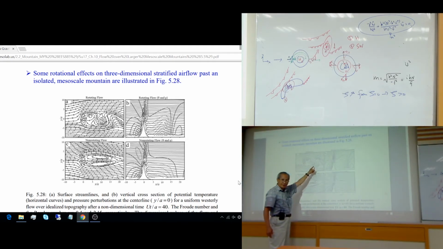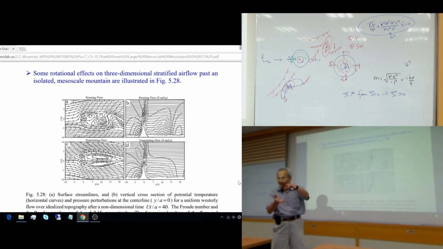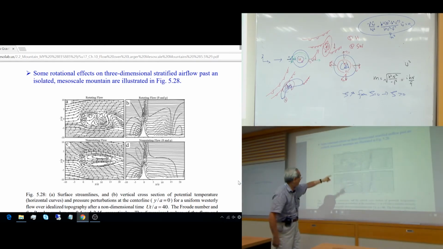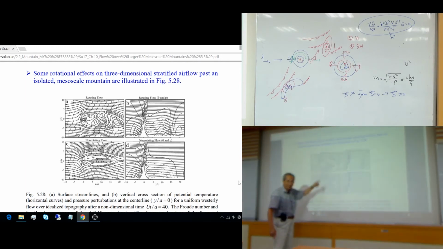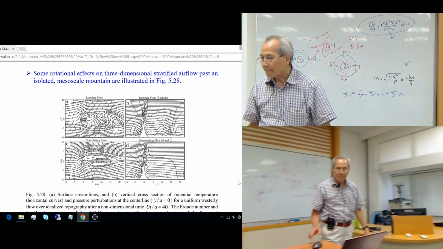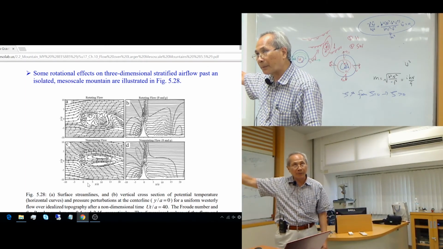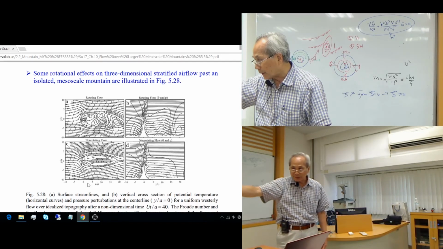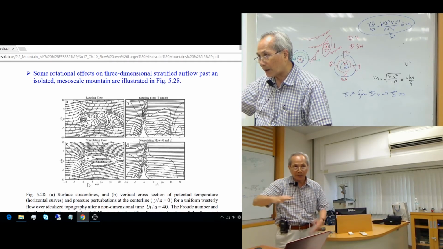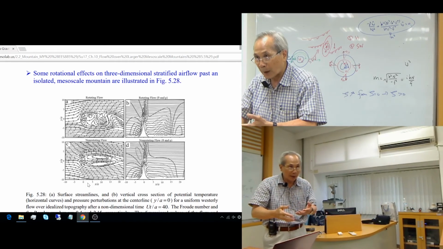Sometimes it's difficult to simulate this because you have to make everything symmetric, so then they stay symmetric. Otherwise, very easily you can get this kind of vortex shedding. Both of them are low Froude number flow. Okay, the flow is very slow, or the mountain is high, or the stratification is strong.